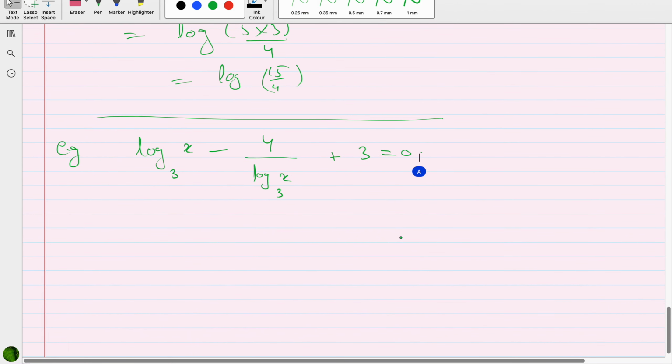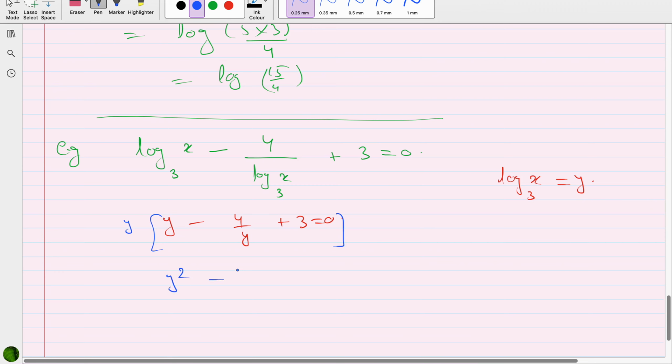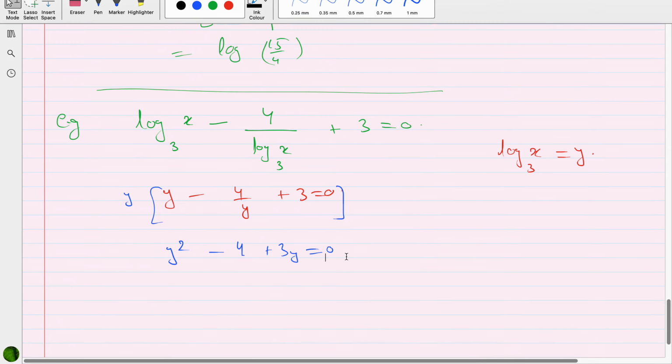When we have to solve for x, I'm going to use the substitution method. I'm going to write log x to base 3 as y. So y minus 4 over y plus 3 is equal to 0. The next step is I'm going to either take the LCM or multiply with y on both sides. So this will be y squared minus 4 plus 3y is equal to 0.